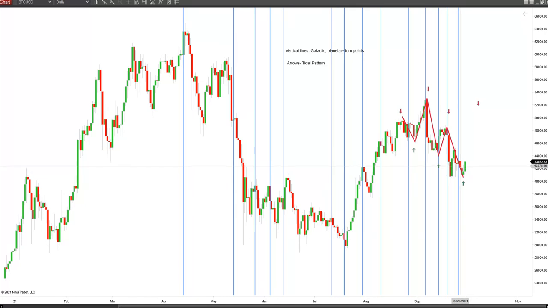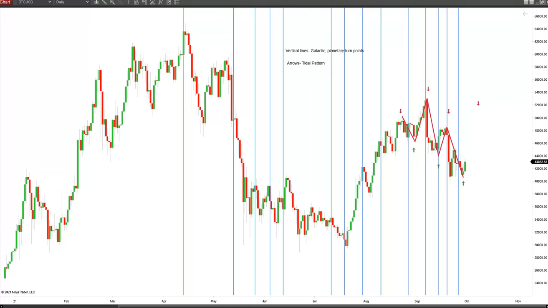Right here where we had the blue vertical line on the 26th, and then we had the tide low on the 29th, you can see we had a little bit of a zigzag pattern in here because we had those two turning point triggers so close together. We're not going to be able to get an extended move. But when they do converge, when any of our triggers converge, it strengthens the opportunity for the trade.